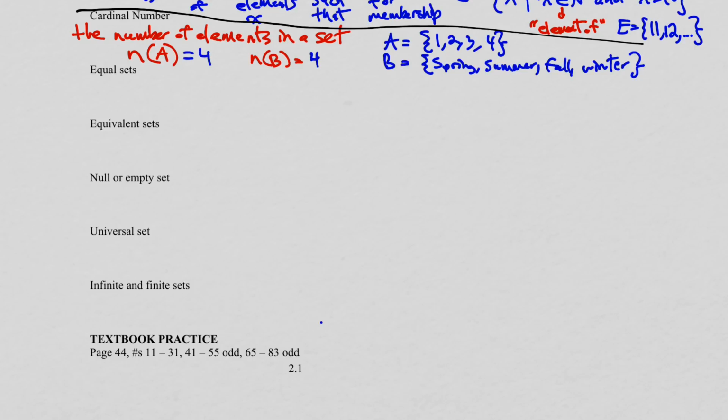Raise this up some. So equal sets are sets that contain exactly the same elements.